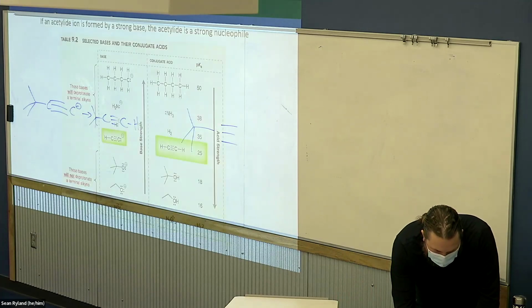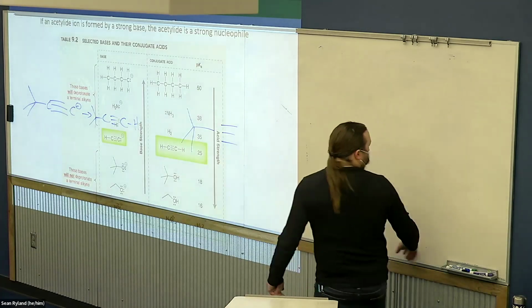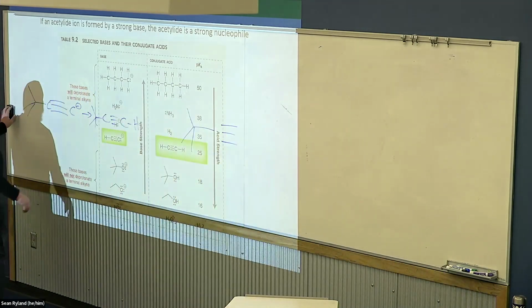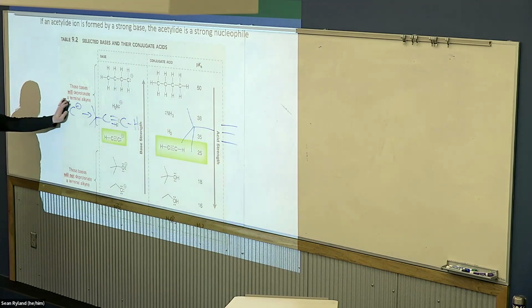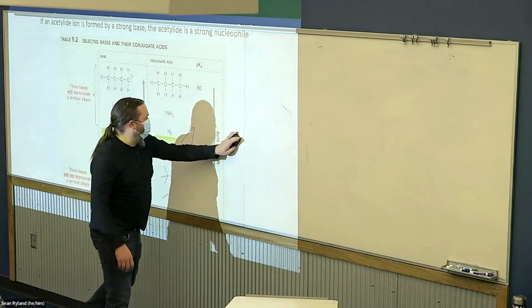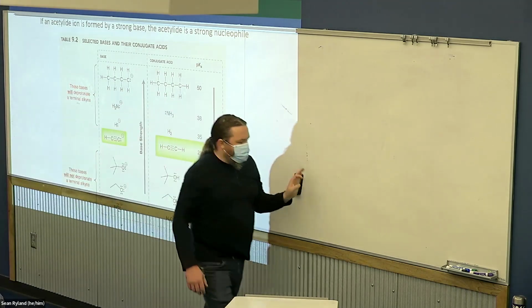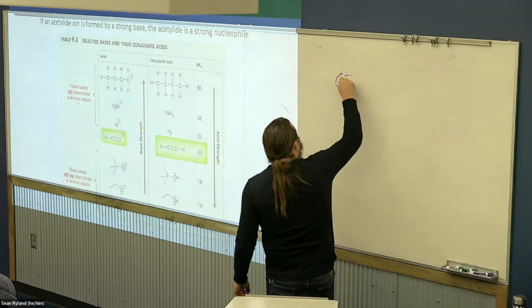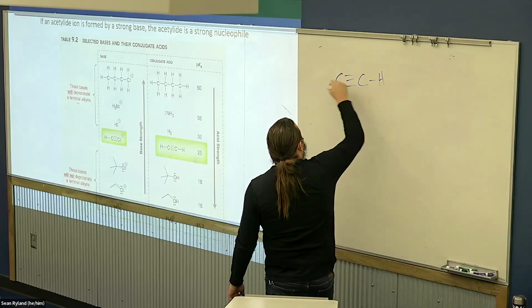All right, and as I gave you the preview for, if we make an acetylide ion, and technically they're called alkynide ions. I tend to call them all acetylide. Technically, an acetylide ion is this.